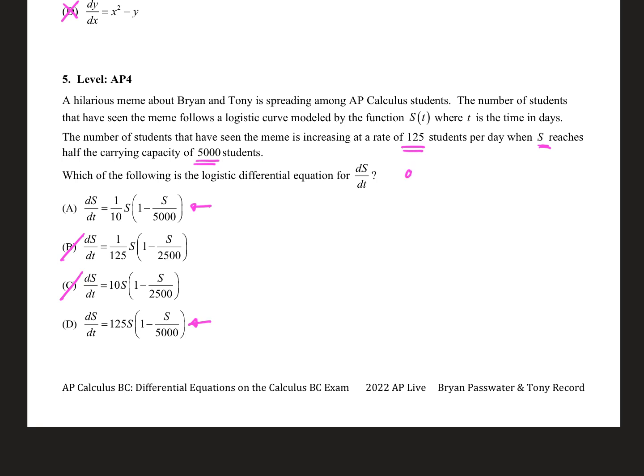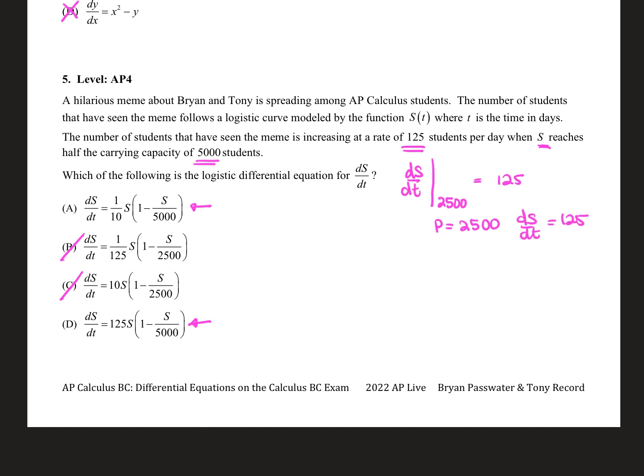So we know dS/dt when S is half the carrying capacity is 125. So that means if I plug in the population of 2,500, I should get dS/dt equal to 125.